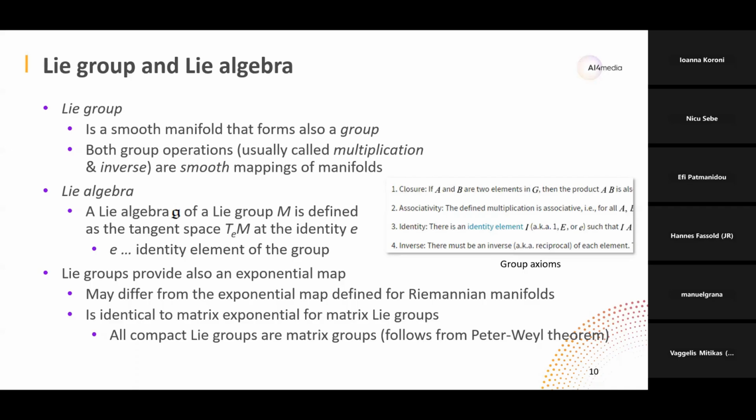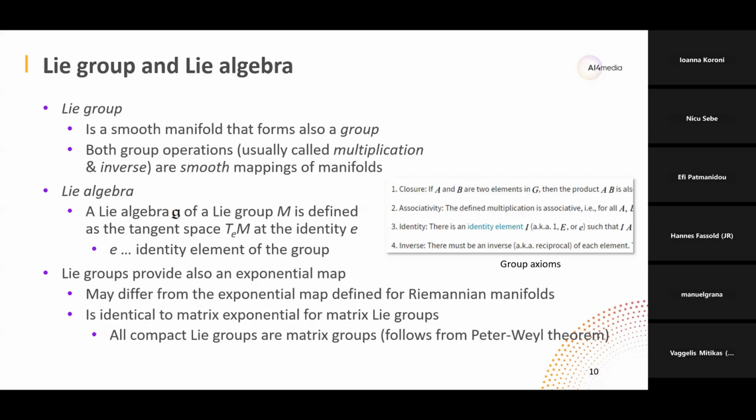Yeah, and something which might lead a bit to confusion is that these Lie groups provide also a natural exponential map, but this may differ from the exponential map defined for Riemannian manifolds. But the nice thing is that at least for matrix Lie groups, it is identical to the normal matrix exponential operator.